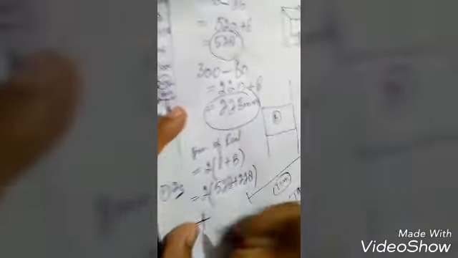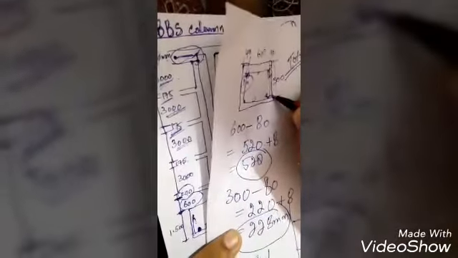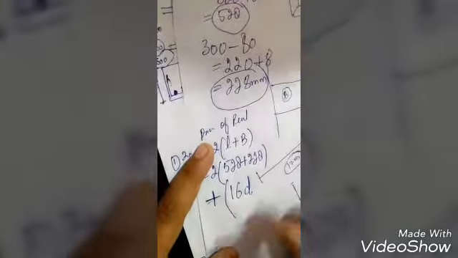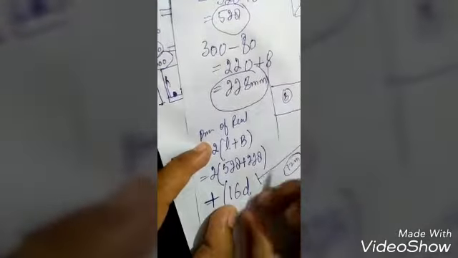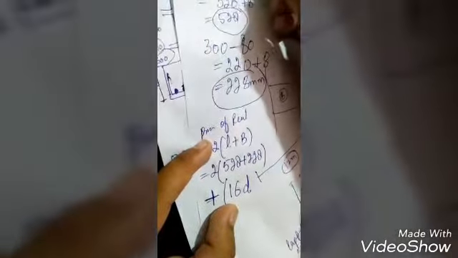And plus we have the bends: here we have one bend and here the second bend. For that we take 16D, because we have bends here.